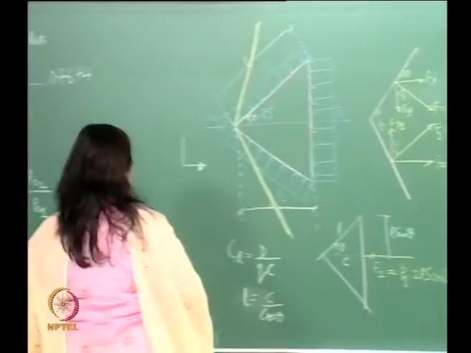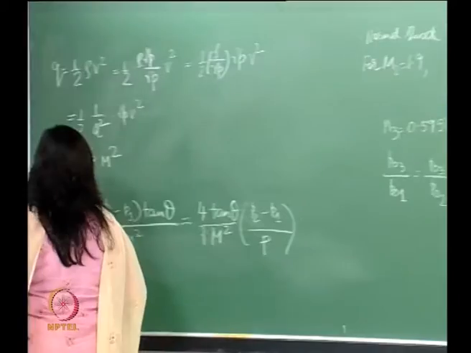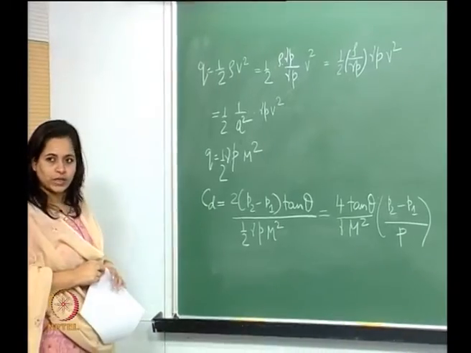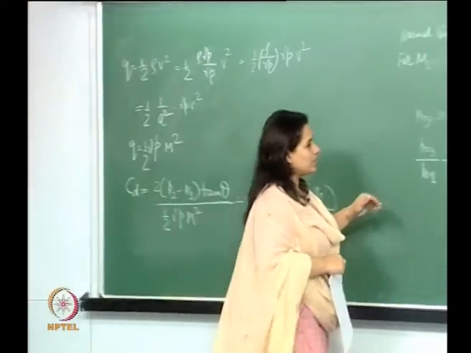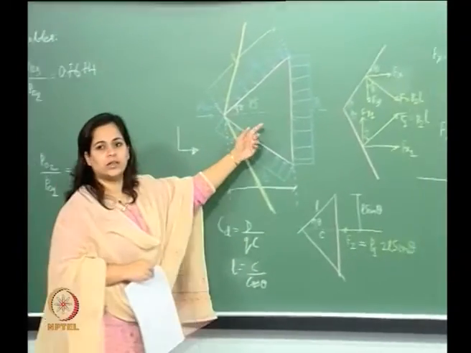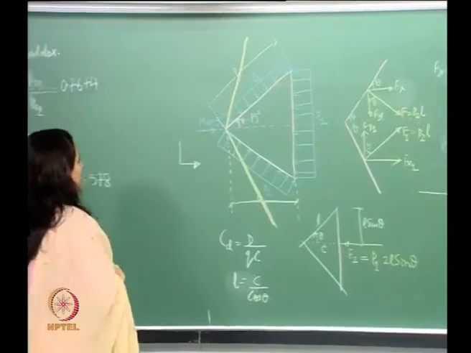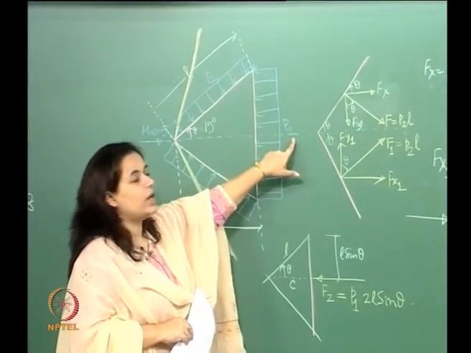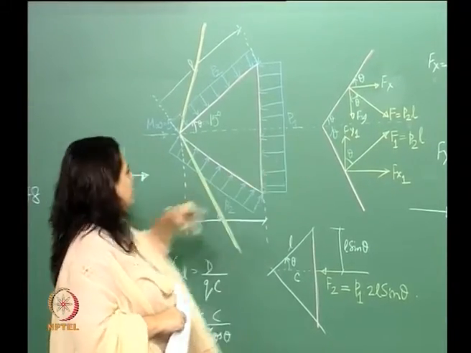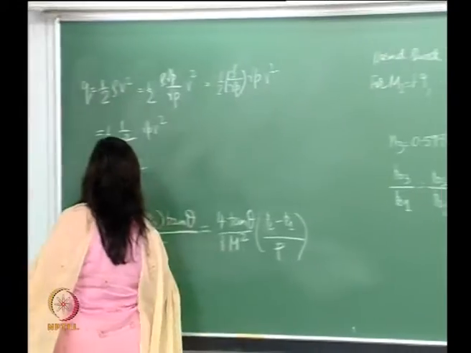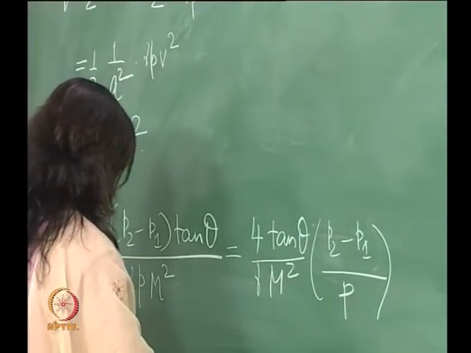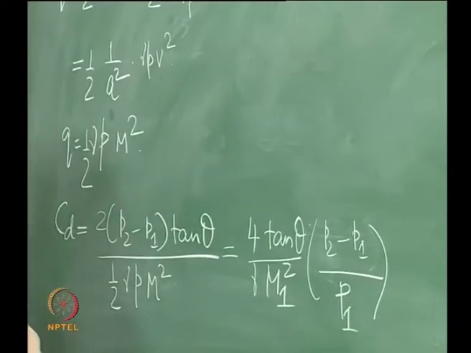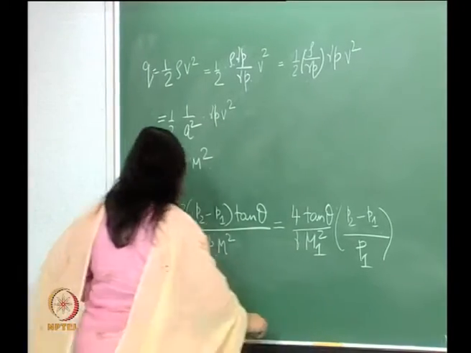So in this case, the dynamic pressure is something that we are taking in this particular direction. So what we will do is we will consider this direction, which is this P1 and the corresponding Mach number. You know what I mean? So here we will take this to be M1 and P1.